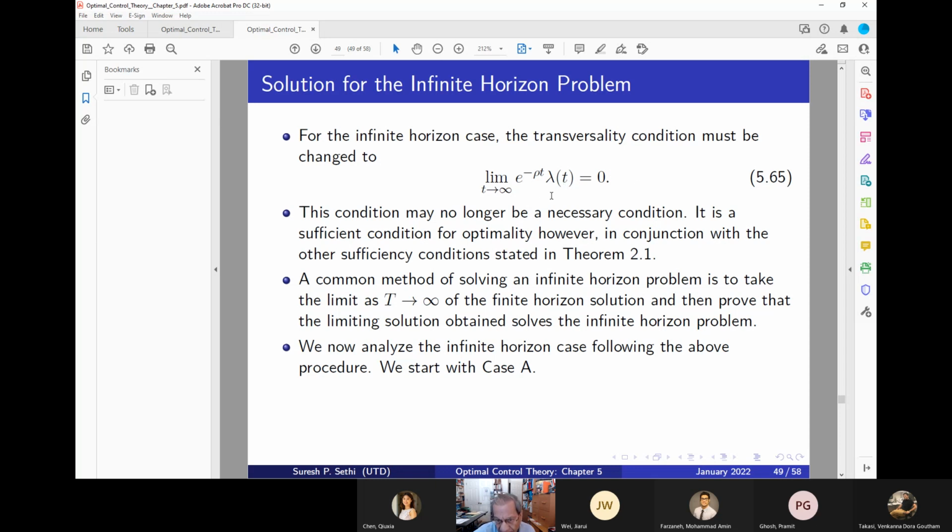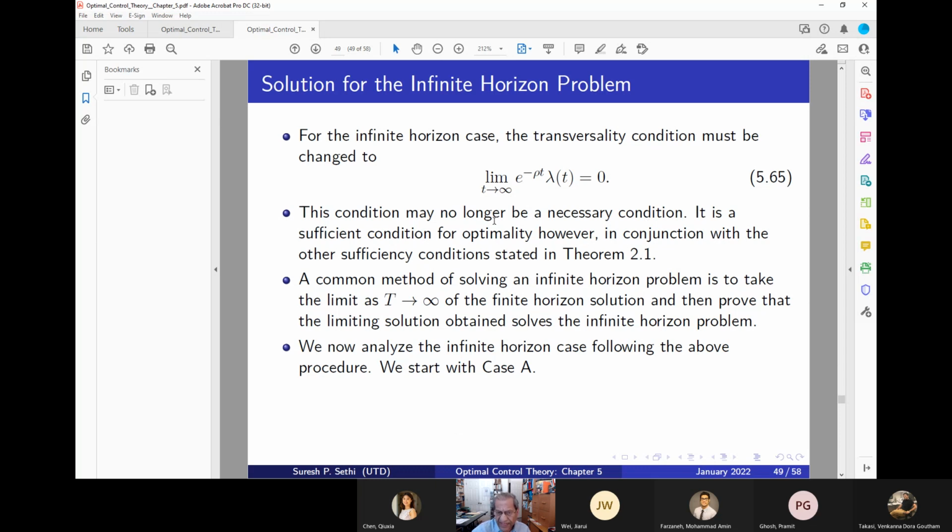It's the current value lambda t, and it's the present value of that has to go to 0 as t goes to infinity. This condition may no longer be necessary. We know that. We had some example in an exercise somewhere, and we also talked about it. But it is sufficient. We had a sufficiency theorem that goes through for t going to infinity.